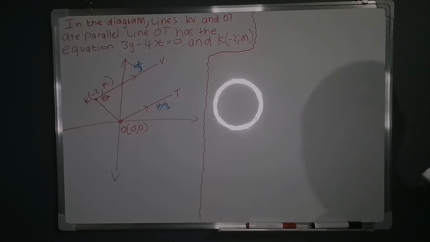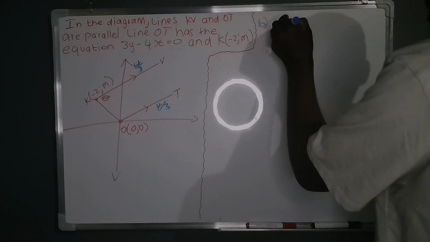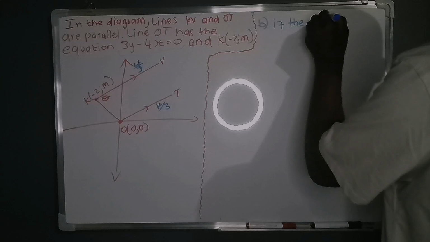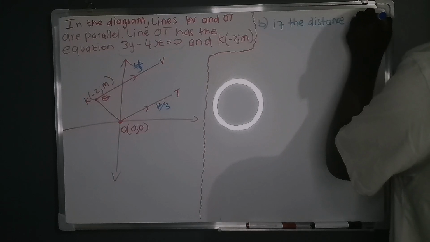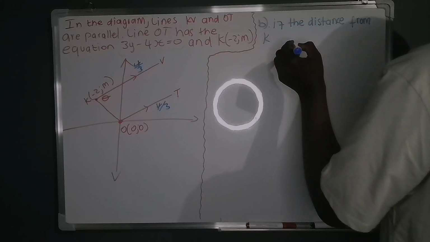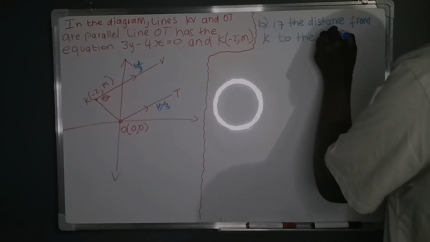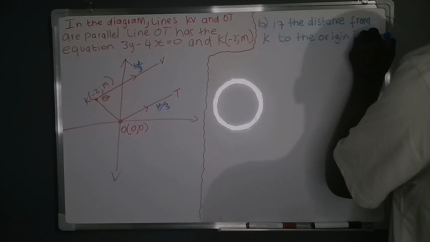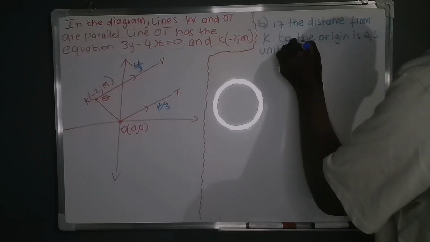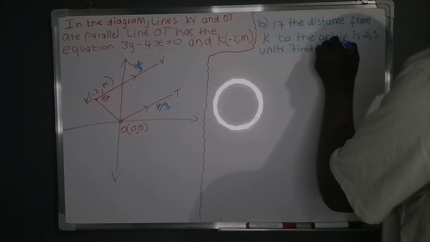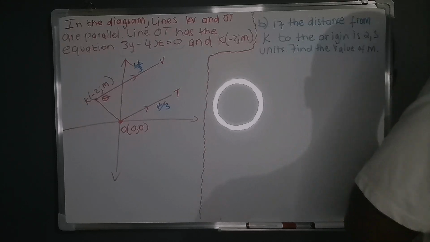Number B. If the distance from K to the origin is 2,5 units, find the value of m. Here's the question, guys.